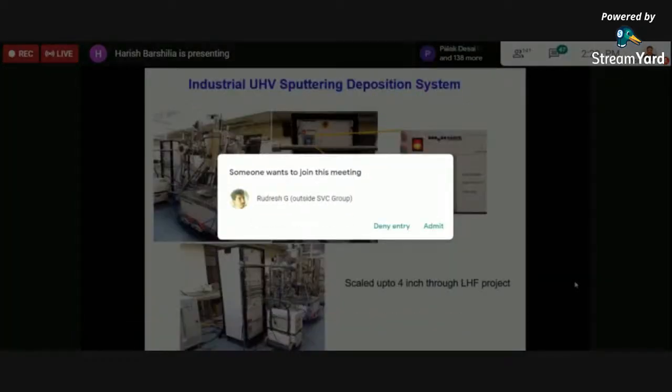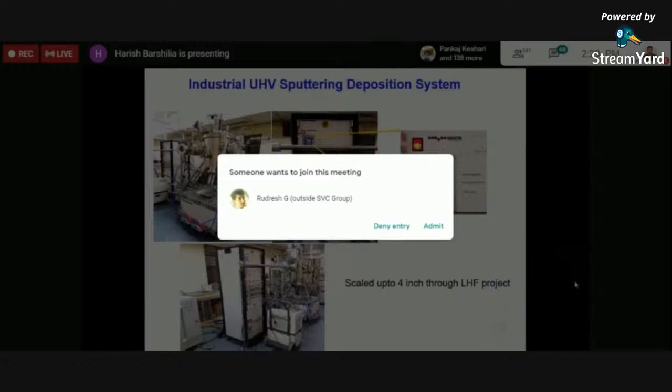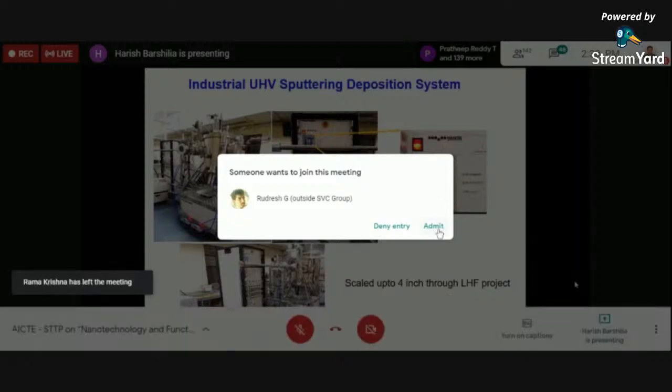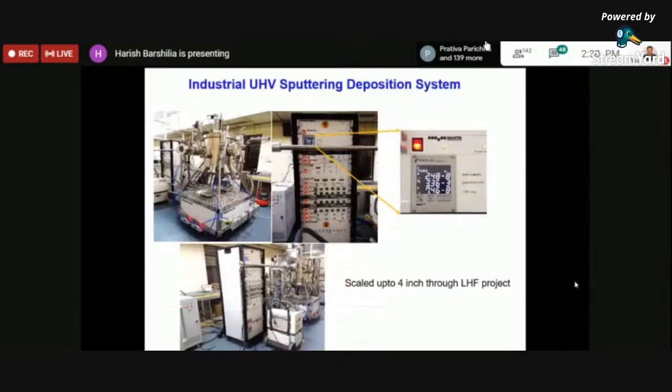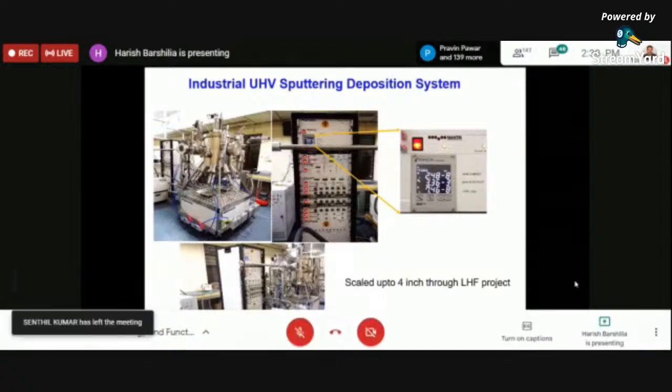You can see 10^-8 to 10^-10 millibar kind of vacuum levels can be achieved in these systems. And please mind that most of these systems have been designed and developed in the country itself. So we have the expertise to design and develop these highly sophisticated systems, and we use highly sophisticated pumping stations to create the vacuum to the tune of 10^-9 to 10^-10 millibar, which is very, very high vacuum.